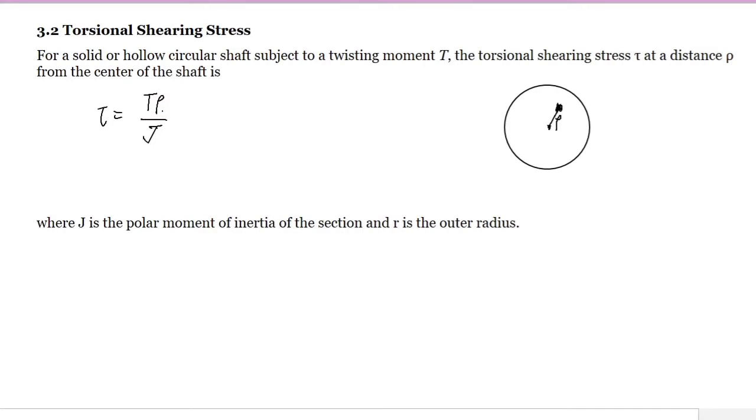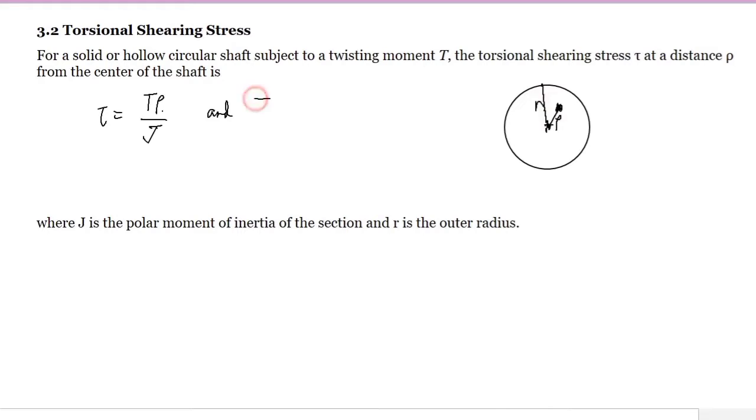So this rho here is the distance from the center of the shaft. Now, if we are going to have the maximum shearing stress, the farther the distance from the center, the larger the shearing stress. So ibig sabihin, the maximum shearing stress is when this rho is equal to the radius of the shaft.